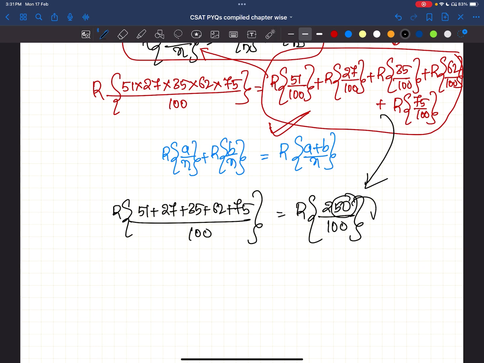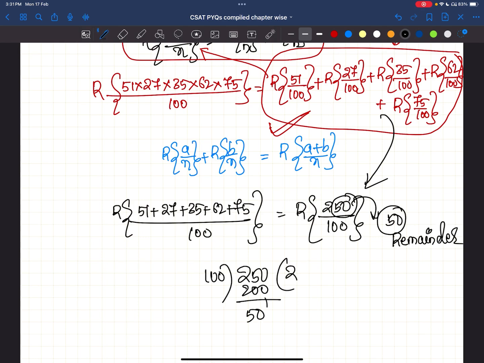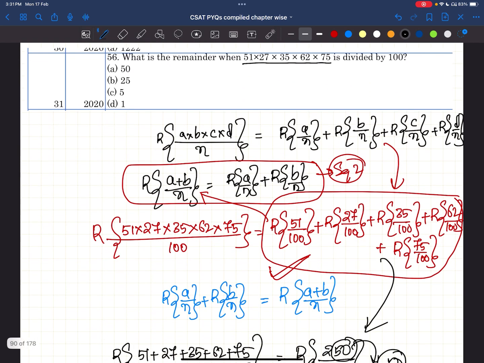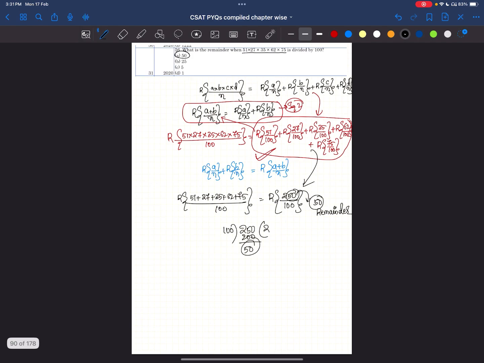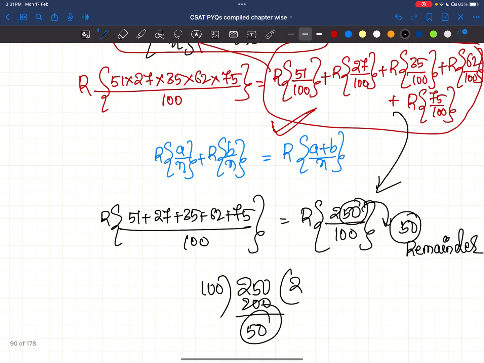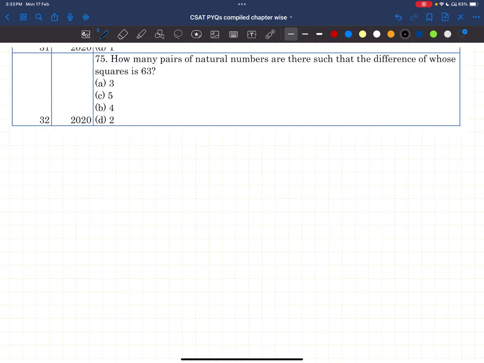This 50 is the remainder. 50 is the answer, see this option. Simply by using the formula, we have solved this question, right? Okay, now let's go to the next question.